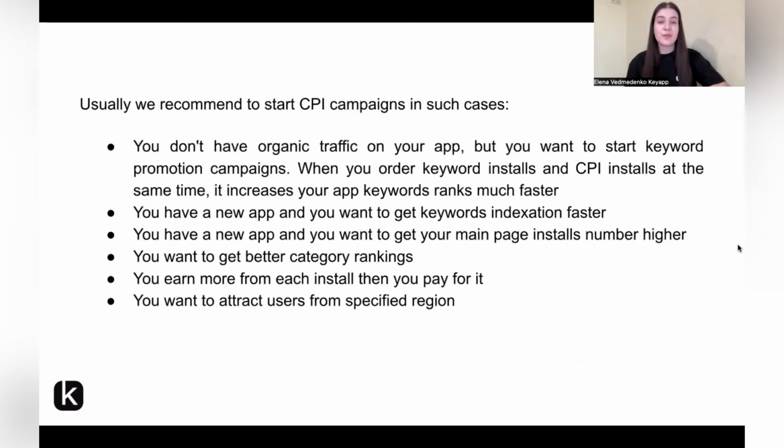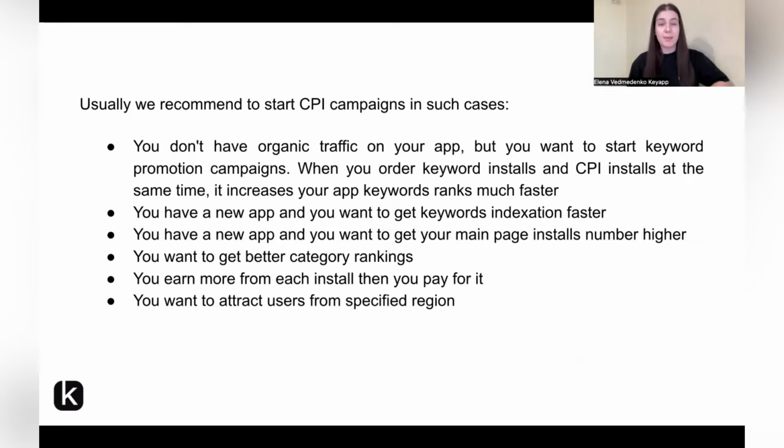In general, we usually recommend to start a CPI campaign in the cases when the application doesn't have a lot of organic downloads, but you would like already to start keyword promotion and need to show Google Play that the application already has some traffic. At the same time, we remember that on Google Play, the indexation process may be a kind of difficult task, so sometimes it is needed to use additional tools to make the application ranked for the first or for some new keywords.